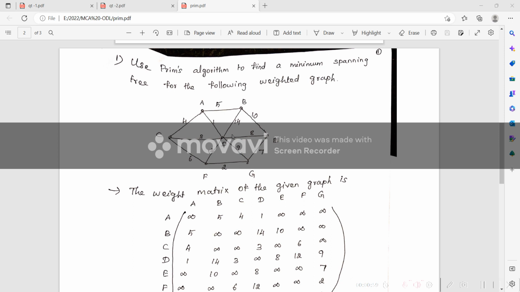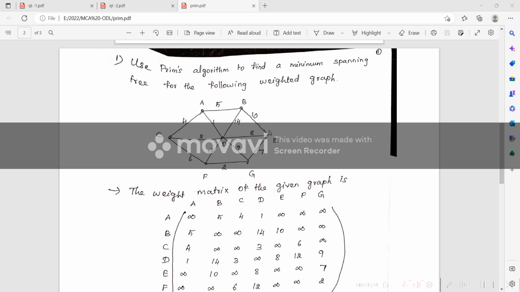So what is meant by a path? A path is a sequence of vertices and edges in which vertices and edges are used exactly once. So only one time should an edge be used. No repetition of edges and vertices is allowed.